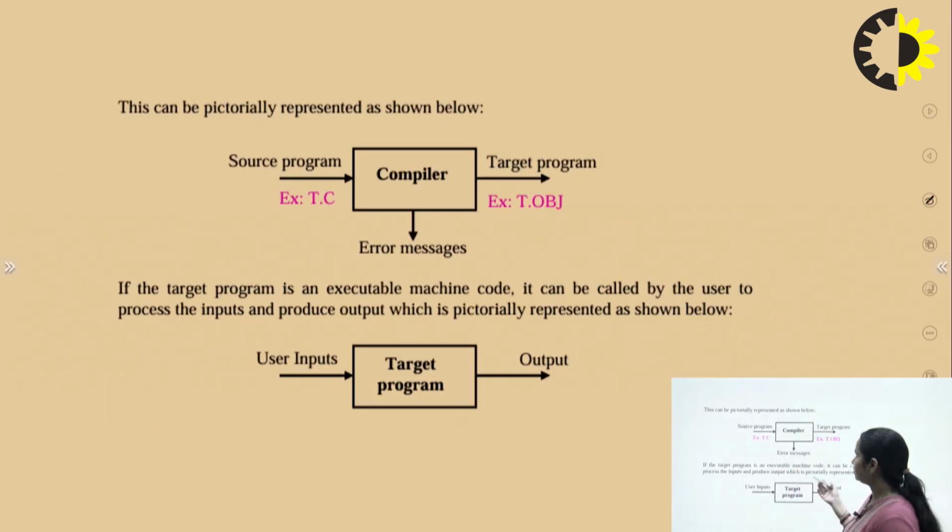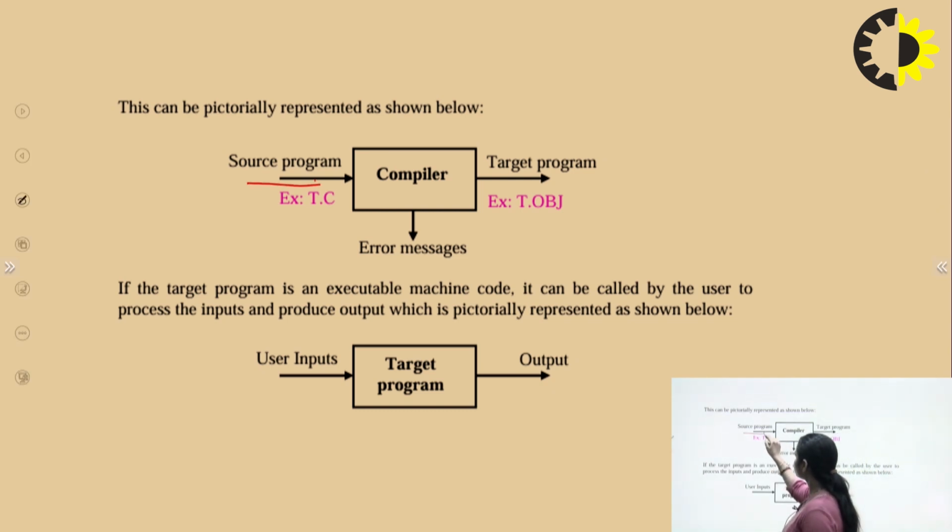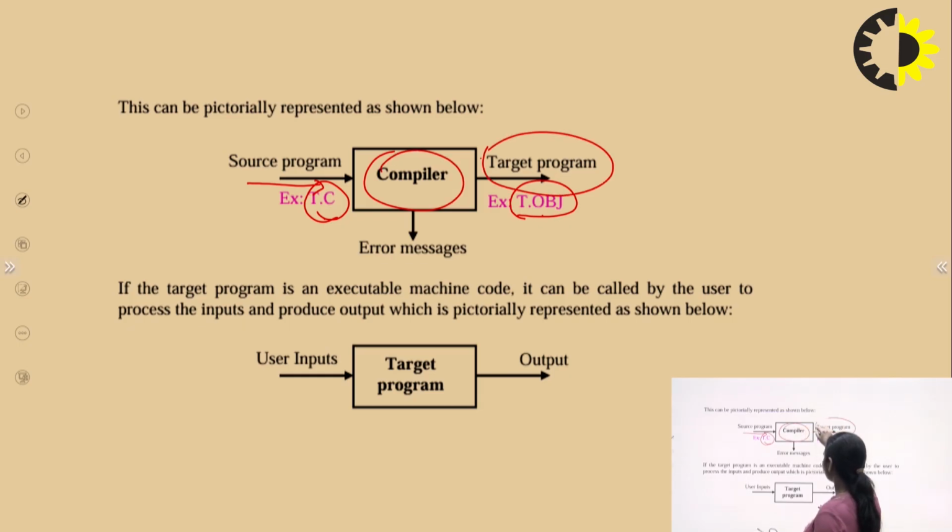You can understand this with a short block diagram also. It can be pictorially represented like this: you have given the source program here, and this is the target code, and this is the target object. After compiling, it gives the target program, and if there is an error, it gives the error messages.